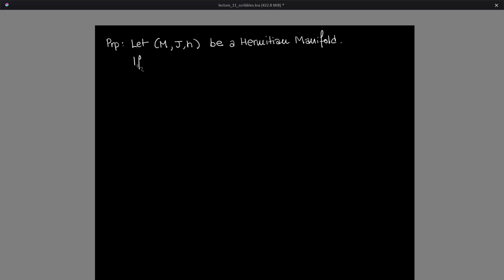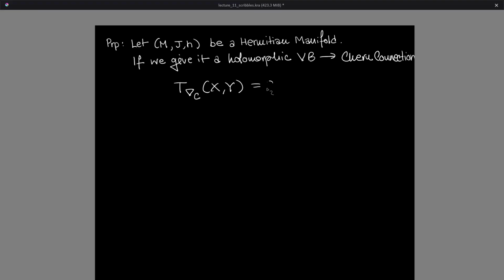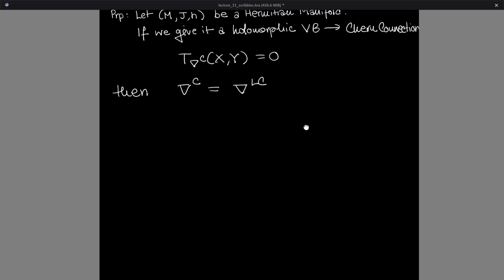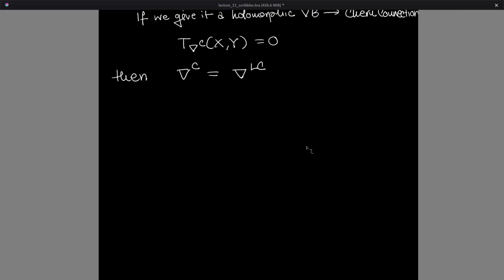Then if we give it a holomorphic vector bundle, remember from last time, it'll have a Chern connection because every holomorphic vector bundle admits a Chern connection. So then if the torsion on that Chern connection is 0, then nabla^C is equal to nabla^LC, the Levi-Civita connection, right? So the Chern connection is the same thing as the Levi-Civita connection.